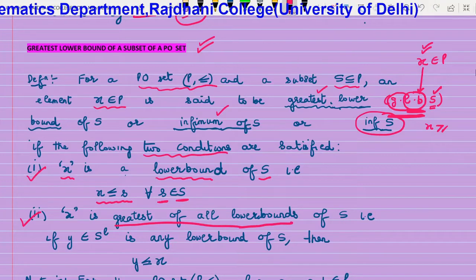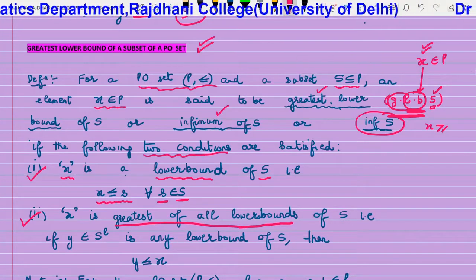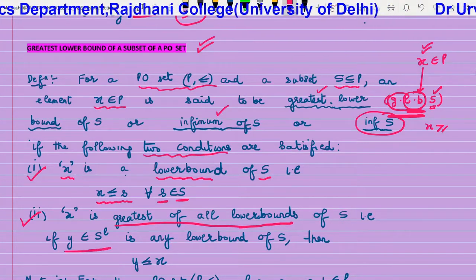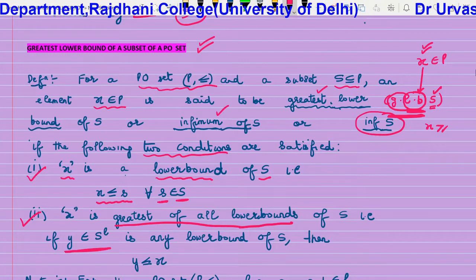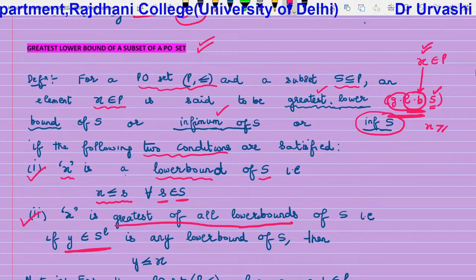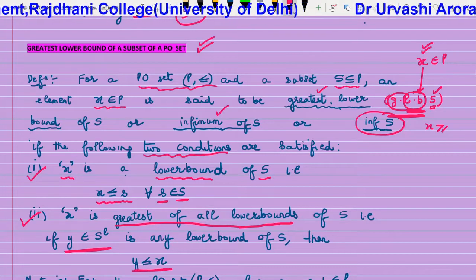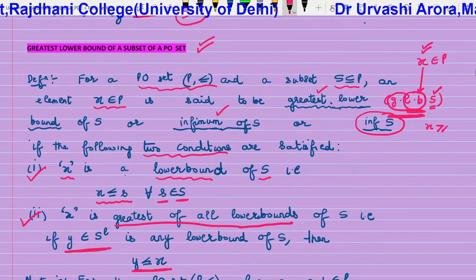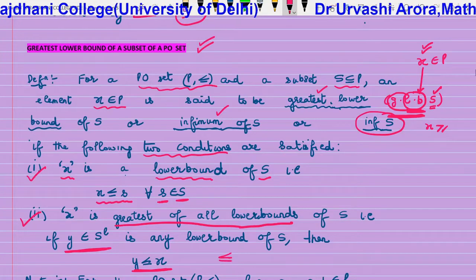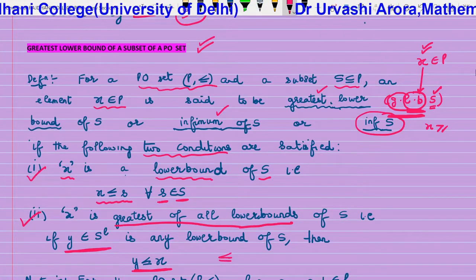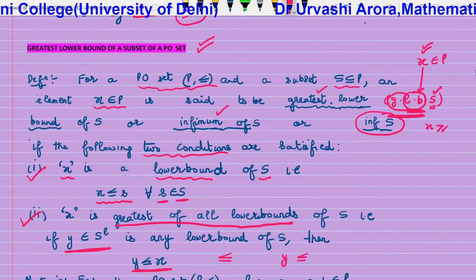That is, if Y belonging to S^L is any other lower bound of S, then X must be greater than that. Here we can write that X is greater than equal to Y, or in other words, because we are in the habit of writing everything in the form of less than equal to, we can say that the lower bound Y is less than equal to X.